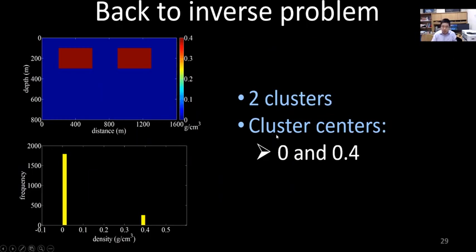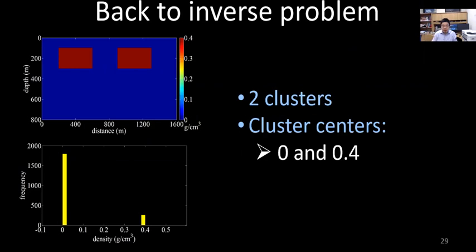We also assume that we know the cluster centers, which are, in this case, 0 and 0.4 g per cc. You can understand the cluster centers as the average density value for each geological unit. This is how we interpret the a priori petrophysical information summarized in this histogram using the language of clustering.